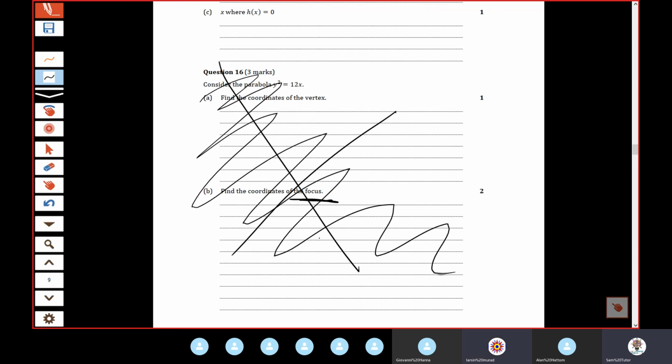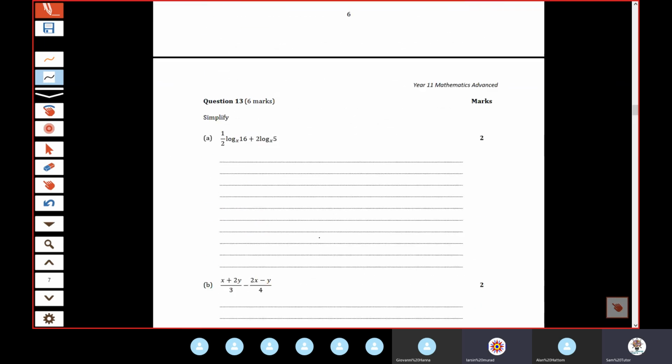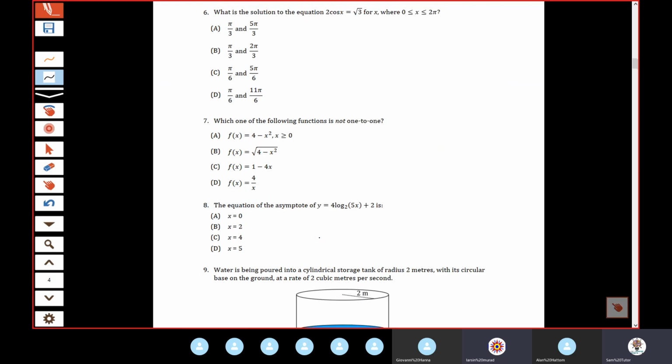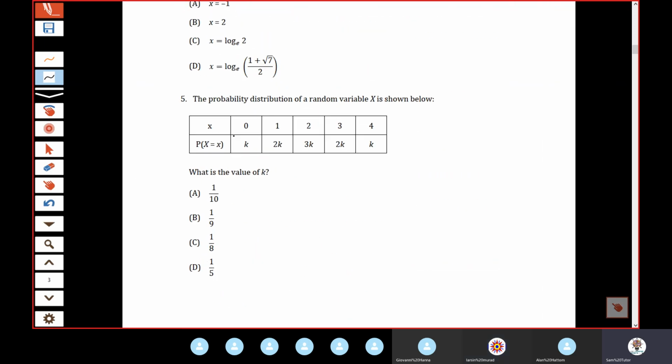Can you do 9 and 5? Oh, this one's probability distribution. Did we do discrete probability or not? Yeah. Okay, so we did. So remember, what was the condition that needs to happen for all your probabilities?